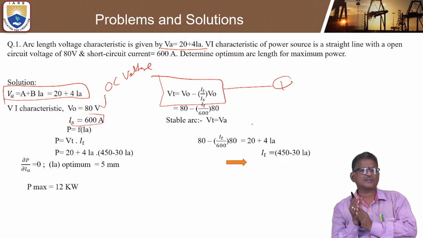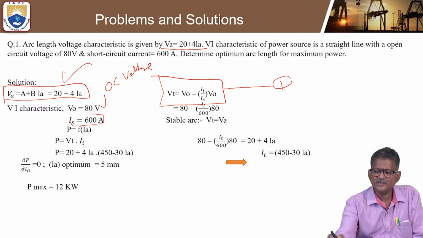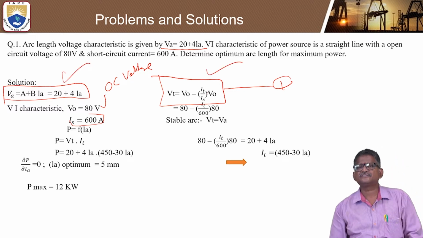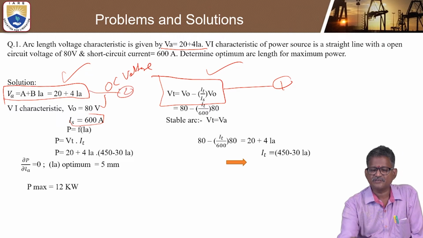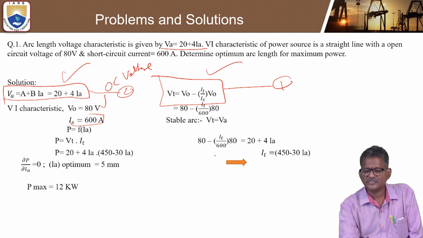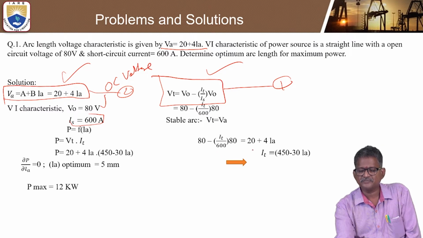And for a stable arc, what will happen? Vt is equal to Va. This equation is related to the other one, so equation 1 and 2 can be equated: Vt is equal to Va. Vt means 80 minus It by 600 into 80, equals 20 plus 4 into La.